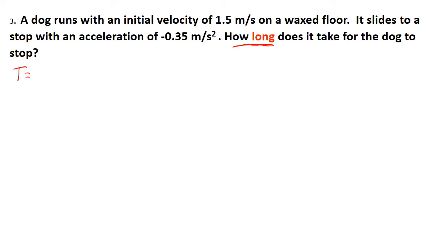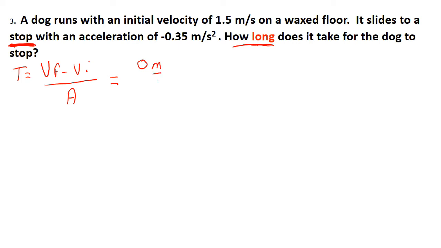So we know that time, according to our equation card, is final velocity minus the initial velocity divided by the acceleration. Remember, final velocity is the last recorded speed. It doesn't really tell you the speed here, but you have to infer that since it stops, its last recorded speed would be 0.